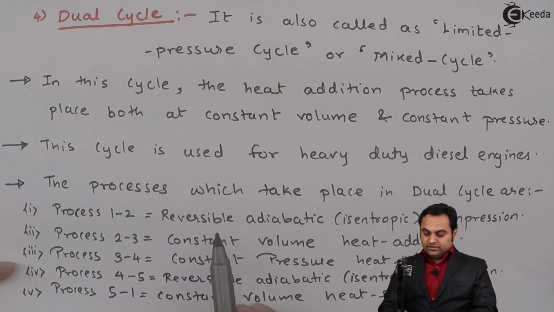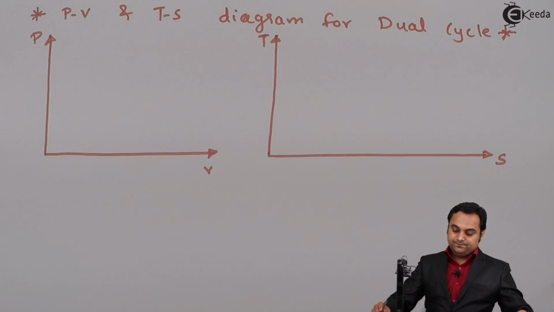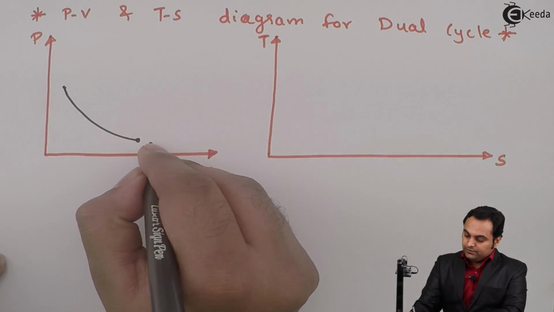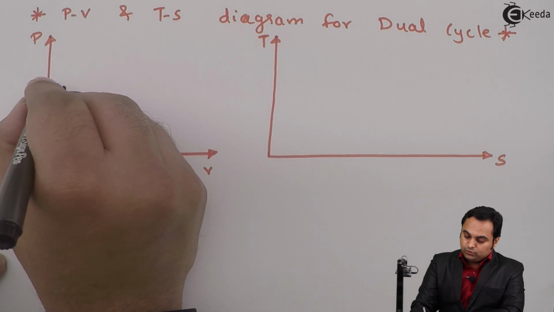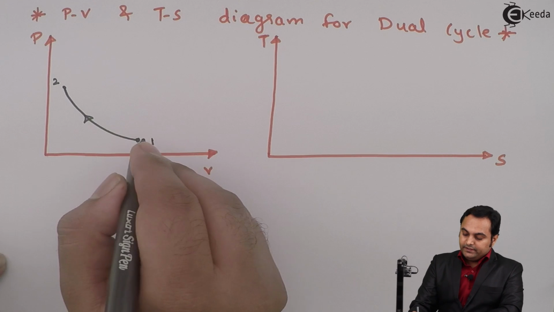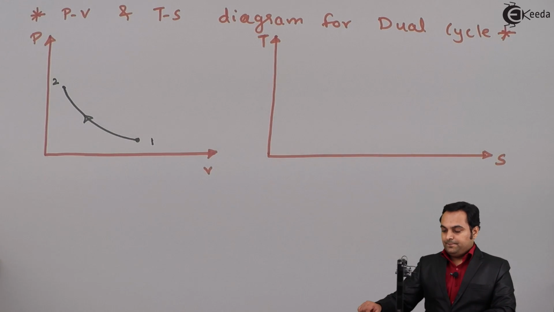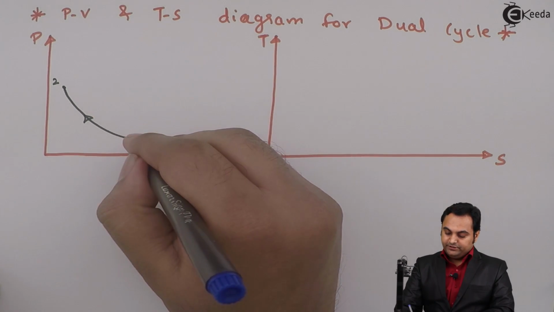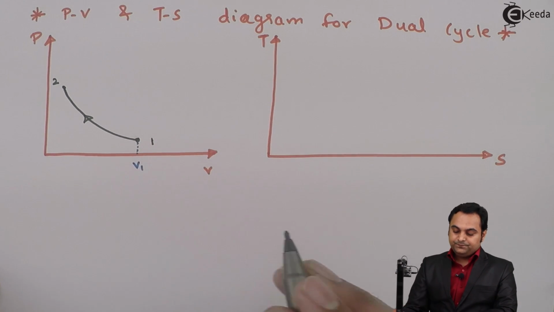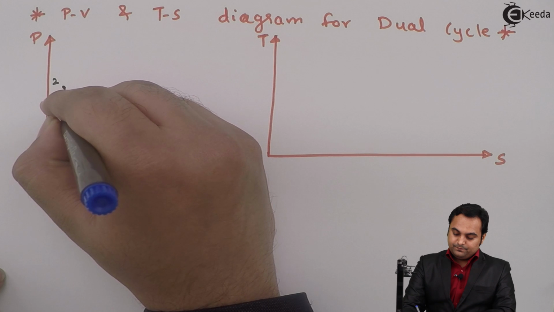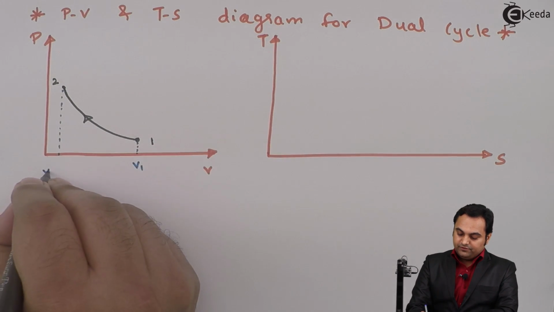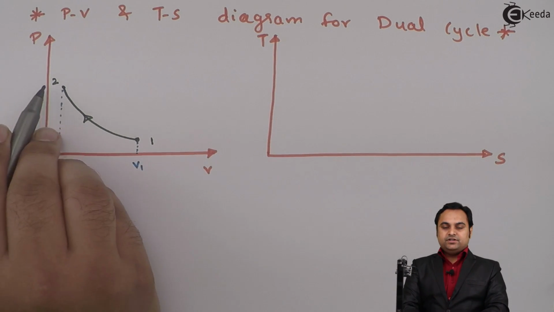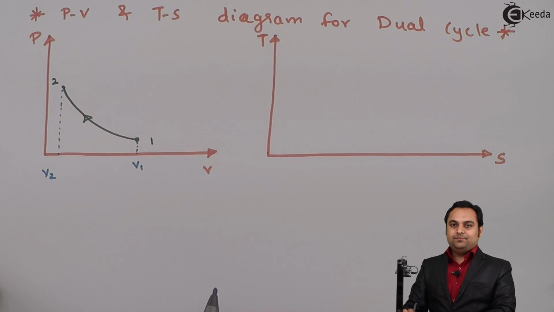Since first is reversible adiabatic, that is isentropic compression. Here process 1 to 2, it indicates reversible isentropic compression, and as we can see here, at point number 1 the volume is V1, at point number 2 the volume is V2. So volume has reduced from V1 to V2, pressure has increased, and this process is called isentropic compression.